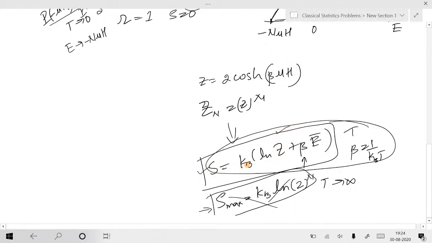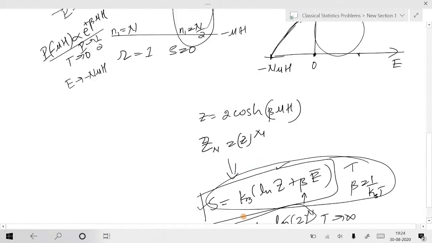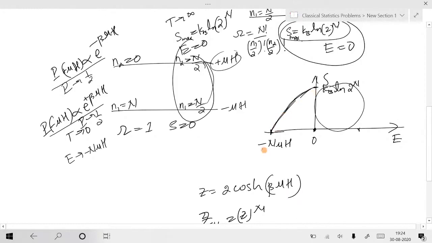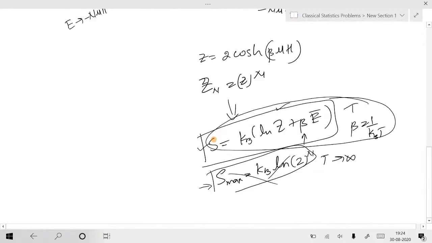I hope this formula is correct. Yes, sir. Again, this value will give some value between 0 and k_B ln of 2 power n. This is always less than the maximum possible value. Is that clear? Yes, sir. But entropy will attain its maximum value in an approach to thermal equilibrium.